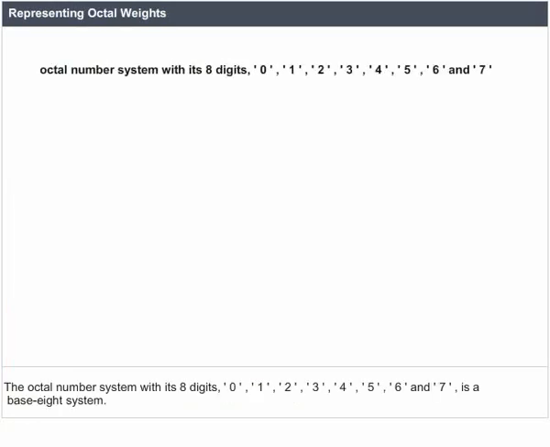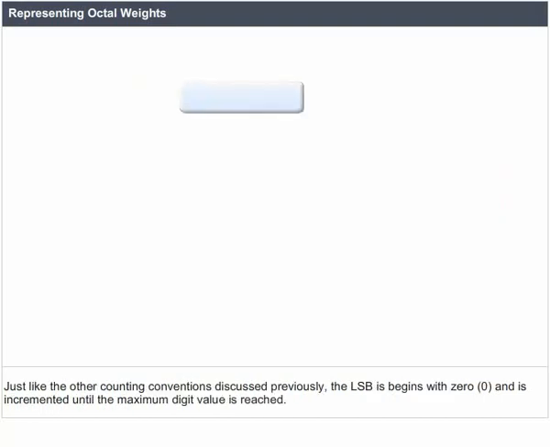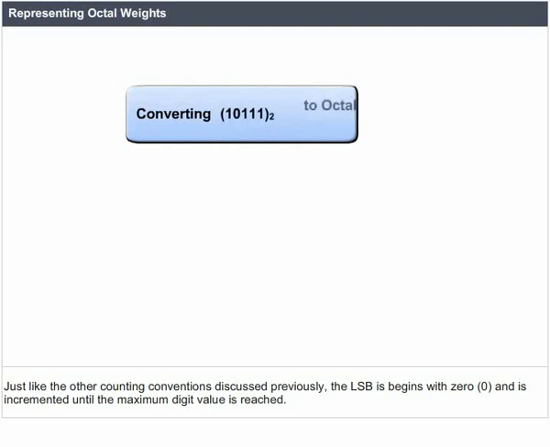Representing octal weights. The octal number system with its 8 digits 0, 1, 2, 3, 4, 5, 6 and 7 is a base 8 system. The table shows the weighting for the octal number system up to 3 places before and 2 places after the octal point. Just like the other counting conventions discussed previously, the LSB begins with 0 and is incremented until the maximum digit value is reached.